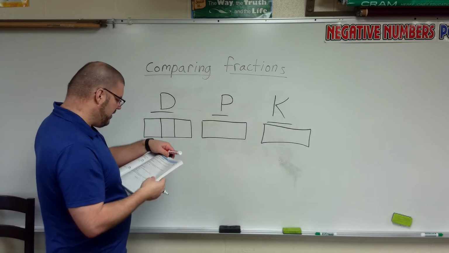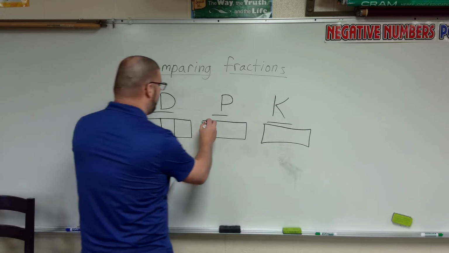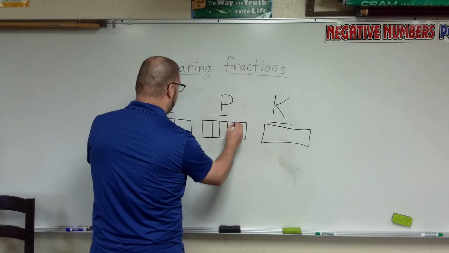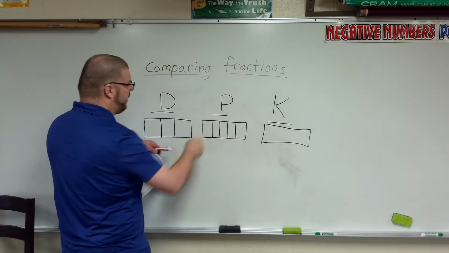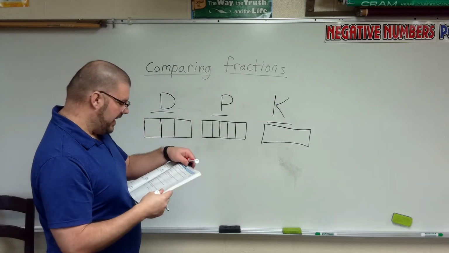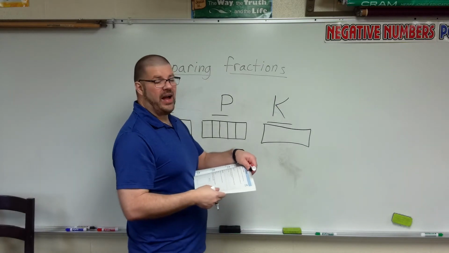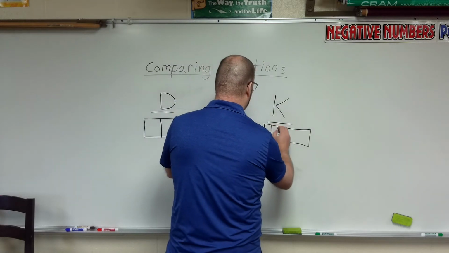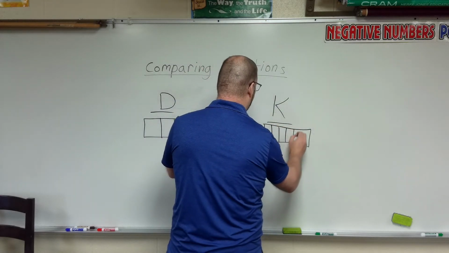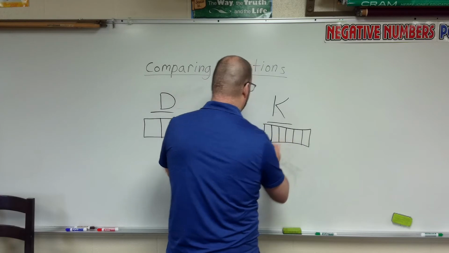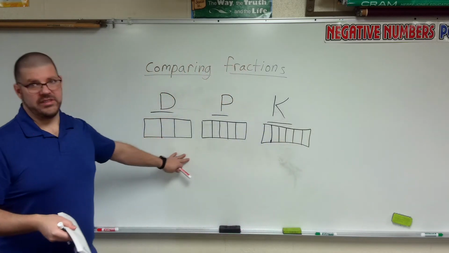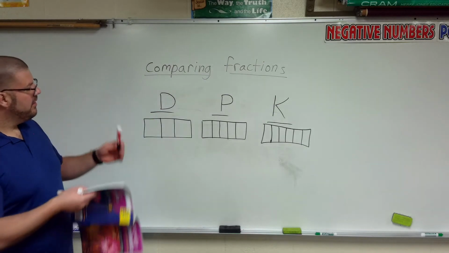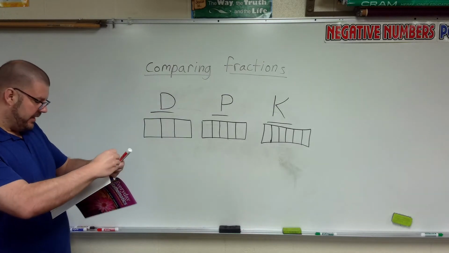Then we have Paula ate 2/5, so we need to have 5 parts. 1, 2, 3, 4. You make 4 lines, so there's 5 parts. And Kayana ate 5/6. So that means we need 5 lines. 1, 2, 3, 4, 5. Just imagine they're the same size chocolate bar now. We've got to fill in how much they ate.